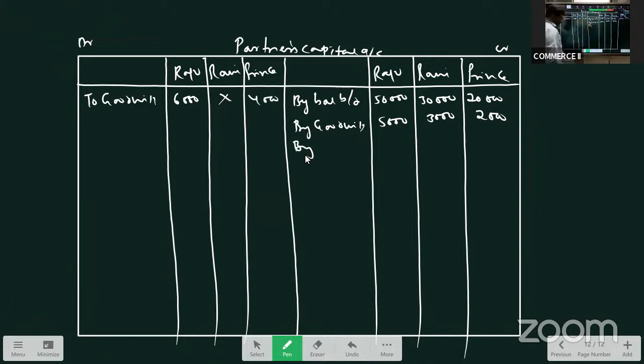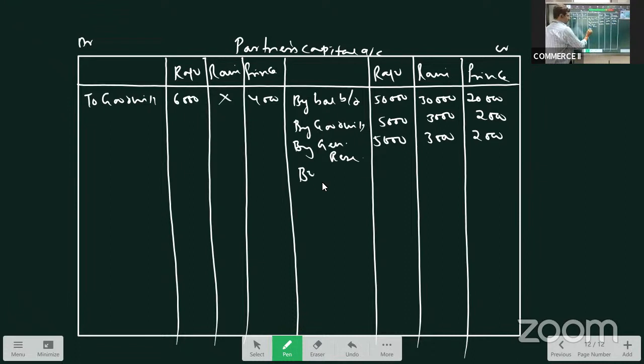Then accumulated profits. General reserve is given as 10,000. 5:3:2. So again, 5,000, 3,000, 2,000. P&L credit balance is given. Even that is distributed in old profit sharing ratio. 5,000 is the amount.